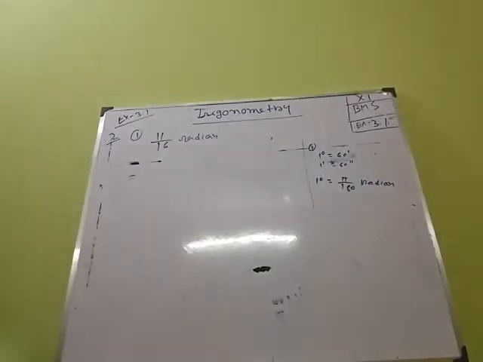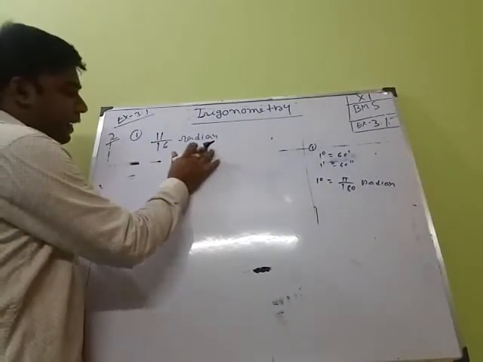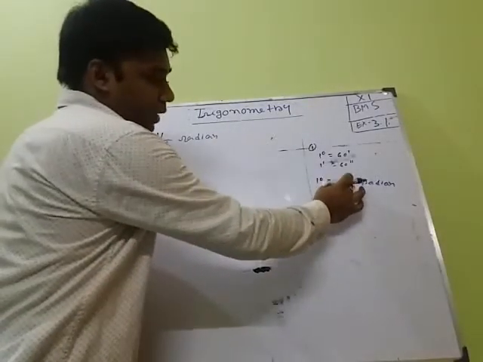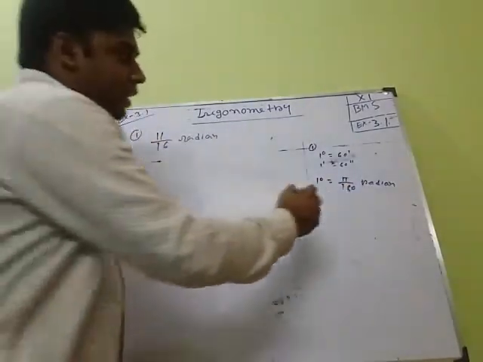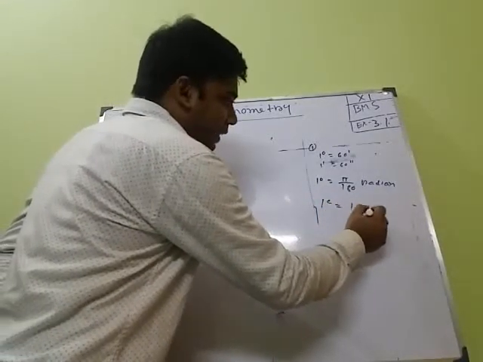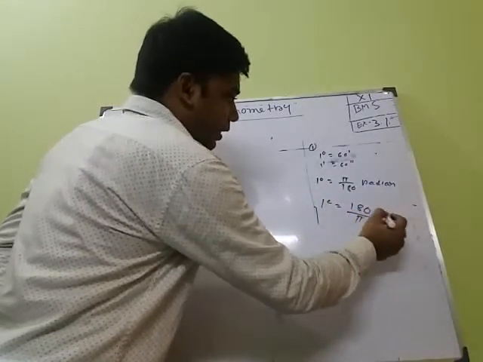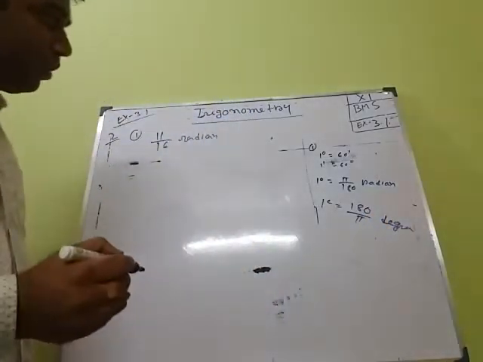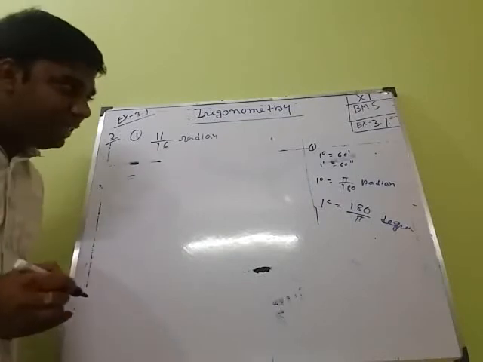We will change it into degree. One formula, students: 1 degree equals pi by 180 radian. It means 1 radian equals 180 by pi degree.